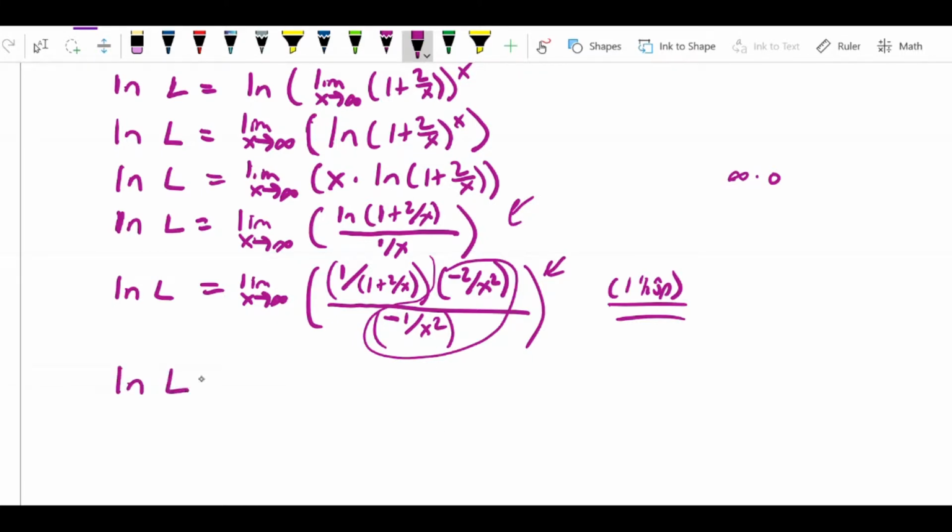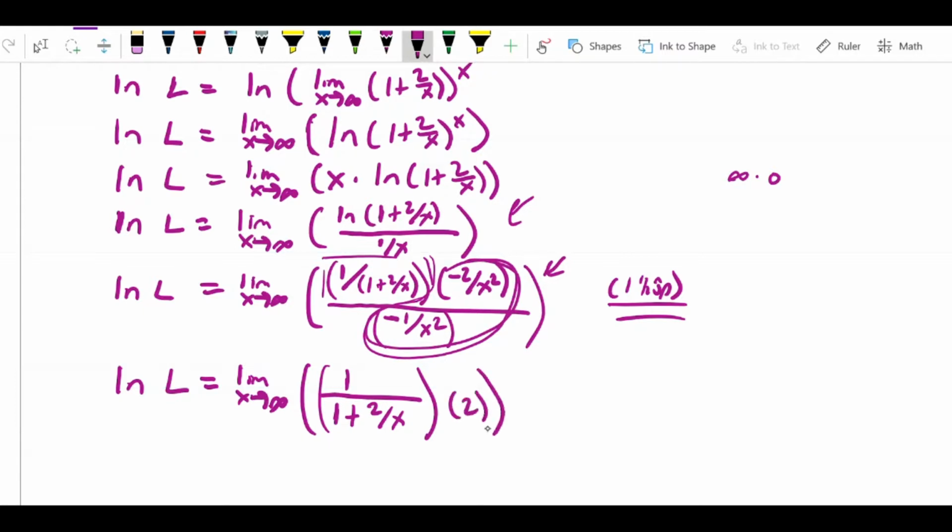So this gives me ln L is equal to the limit as x approaches infinity of 1 over (1 + 2/x), and the part I circled simplifies to 2. Now I'm really ready to evaluate by substitution.